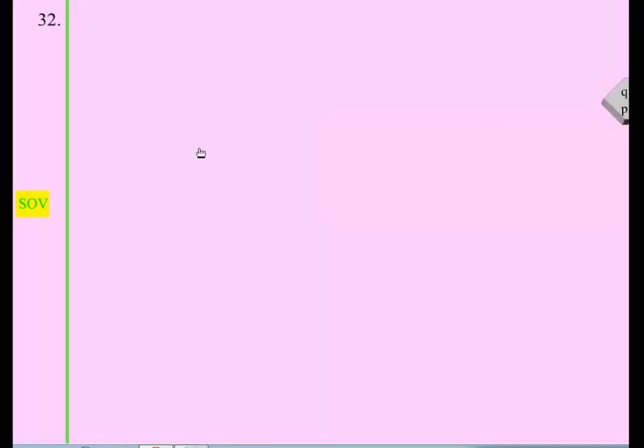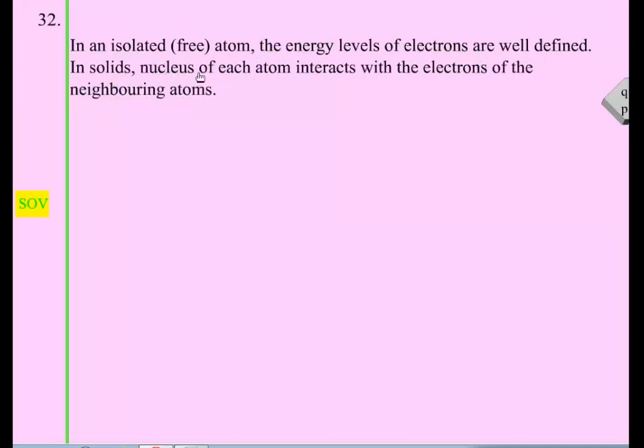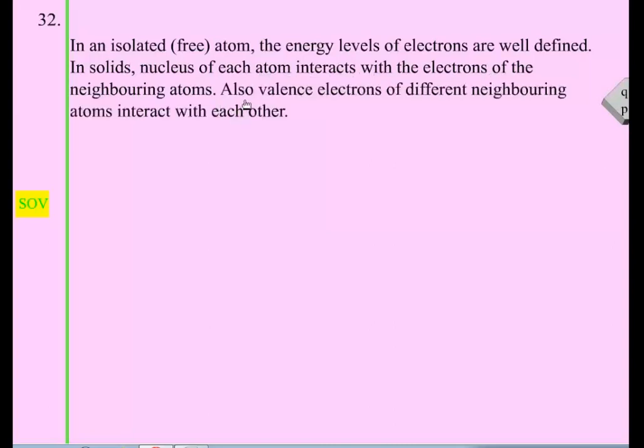So look here, first let us discuss the formation of energy band. In an isolated atom, that is a free atom, the energy levels of electrons are well defined. Single lines are there. In solids, the nucleus of each atom interacts with the electrons of the neighboring atoms. Also, valence electrons of different neighboring atoms interact with each other.